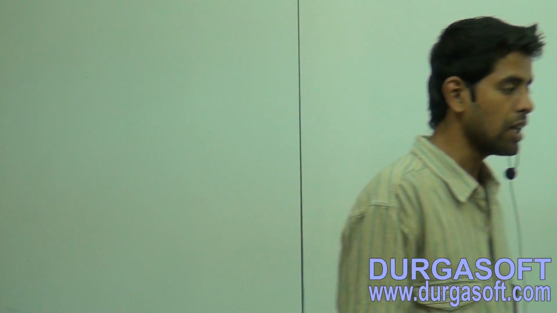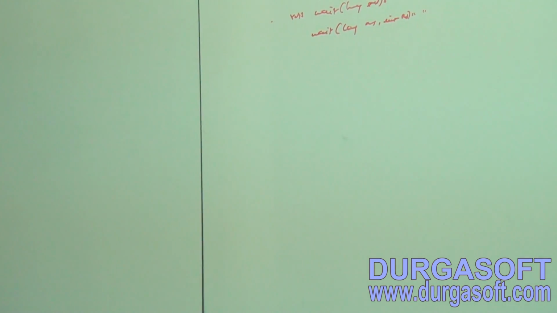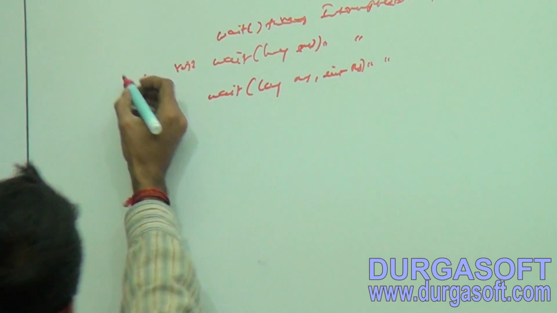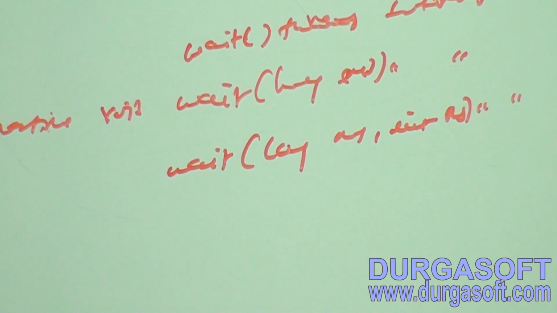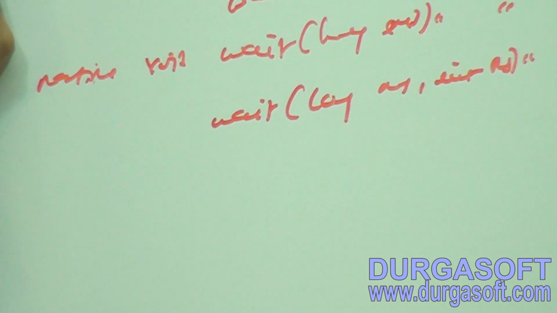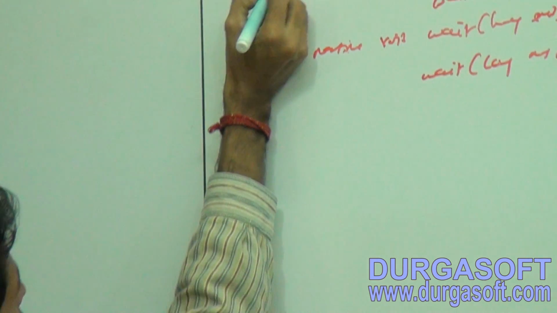That is, it is the native method. All these three overloaded methods are available as part of our class called Object.